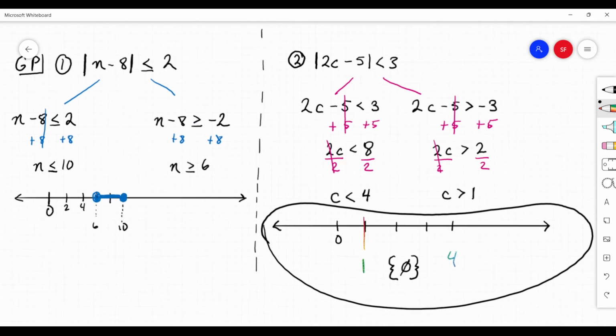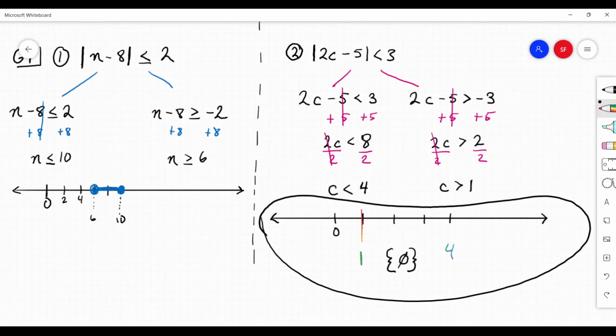So if I plug a number in over here in this section, say 0, we end up with the absolute value of negative 5 is less than 3. Is the absolute value of 5 less than 3? No, because the absolute value of 5 is 5, and 5 isn't less than 3. So that interval doesn't work.